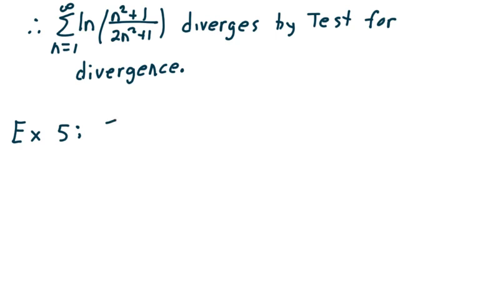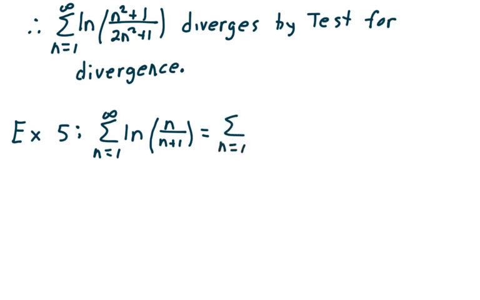So suppose I had the summation from n equal 1 to infinity of natural log of n over n plus 1. But that's the summation from n equal 1 to infinity of natural log of n minus natural log of n plus 1, just like this.